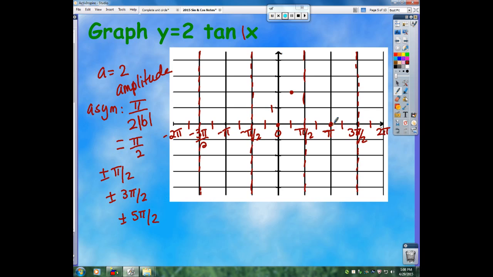At pi we're at 0, and at 2 pi we're at 0. So at 3 pi over 4, we're down at negative 2, up at positive 2, and down at negative 2. Graph towards your asymptotes.